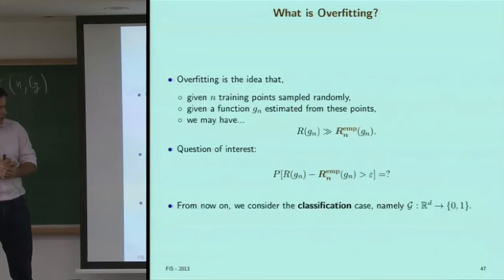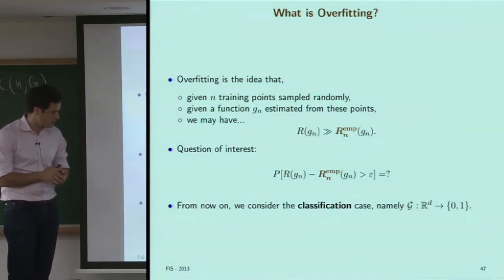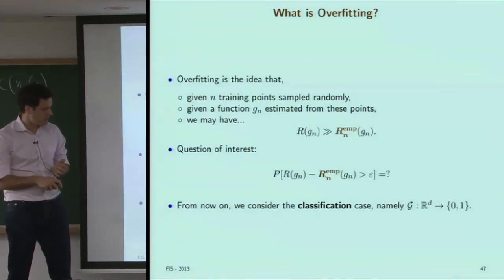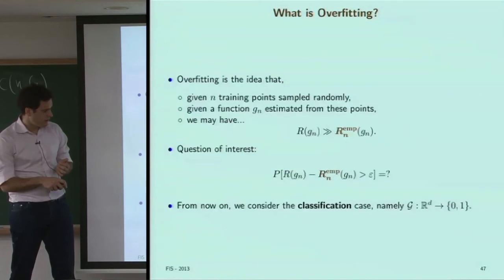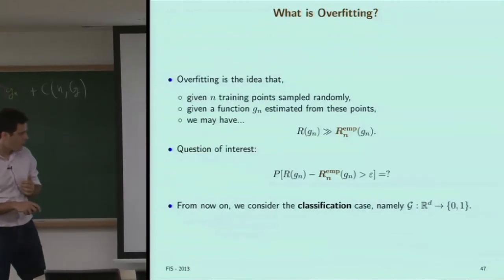So one of the important questions that are studied in this theory of bounds is, what is the probability that the risk of Gn is higher than the empirical risk of Gn by a factor of epsilon? Okay.